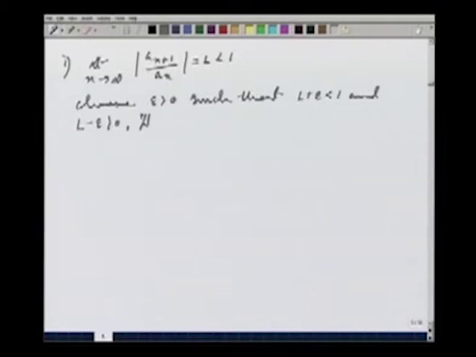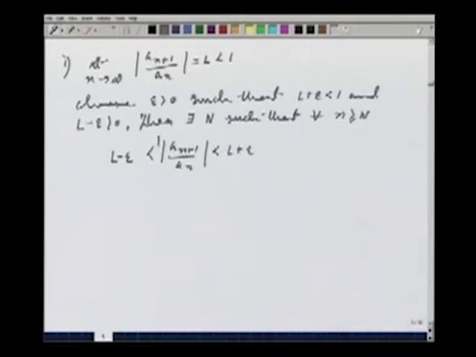Then by the definition of convergence of a sequence, there exists capital N such that for all n bigger than or equal to capital N, this quantity is less than L plus epsilon and bigger than L minus epsilon.